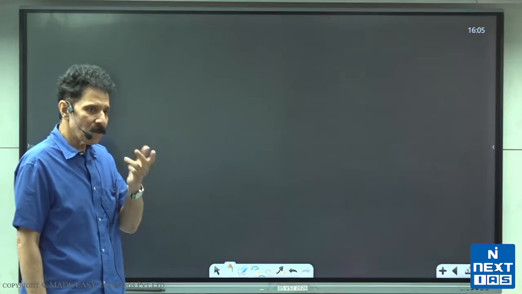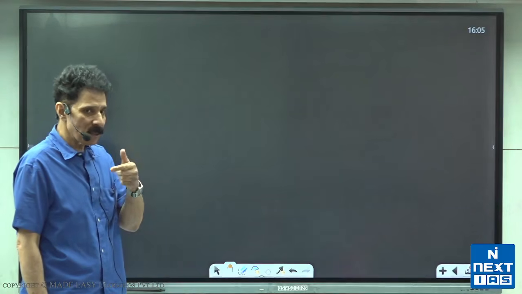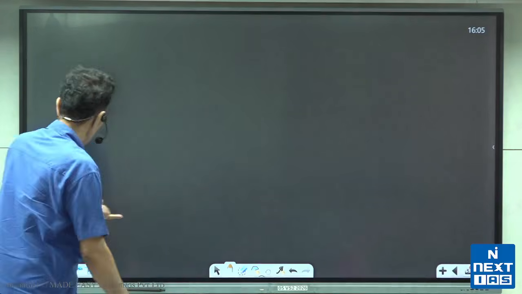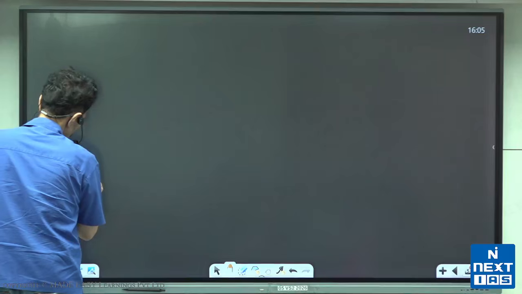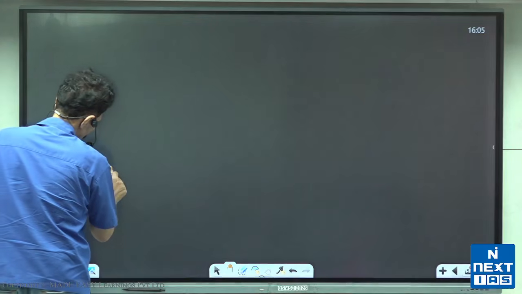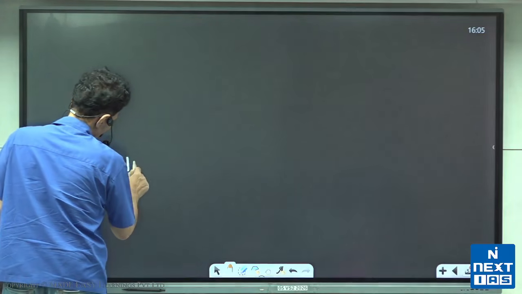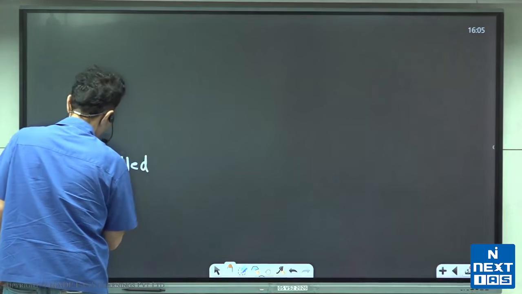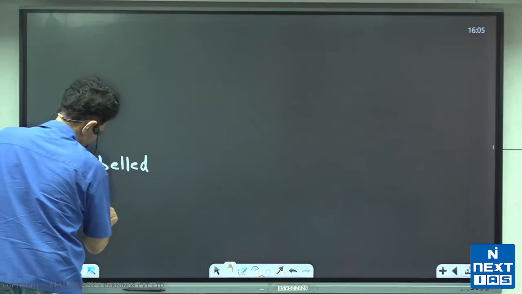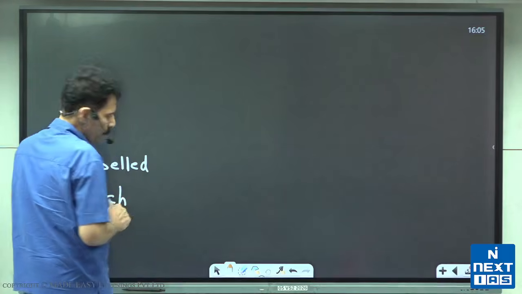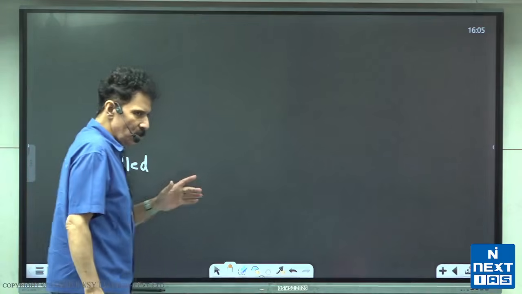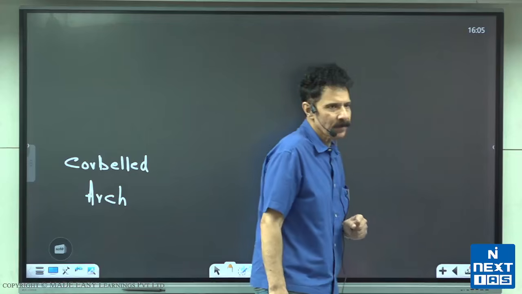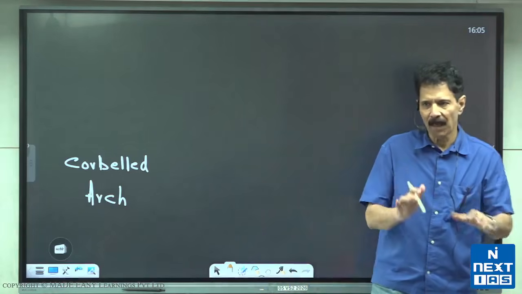Initially, the arch that was constructed was the corbelled arch. Corbelled arch is not a true arch. It is a sham arch.